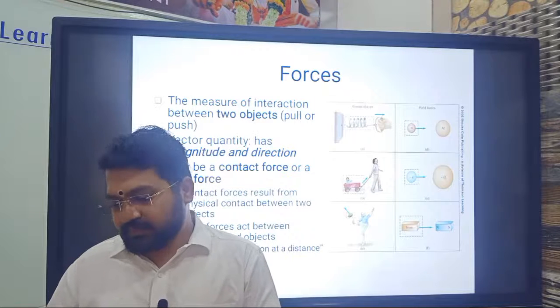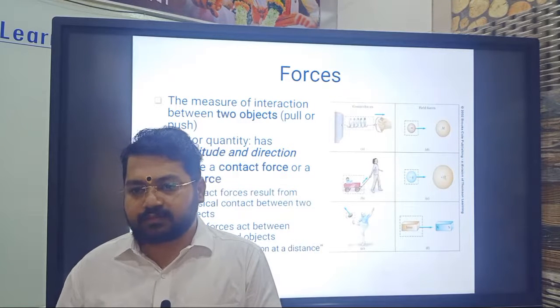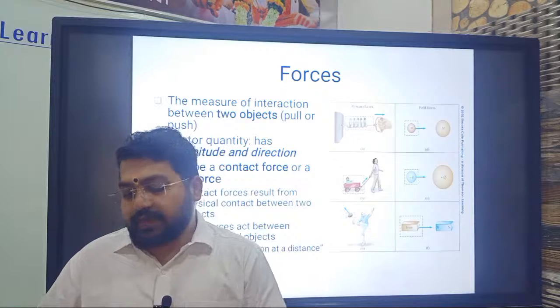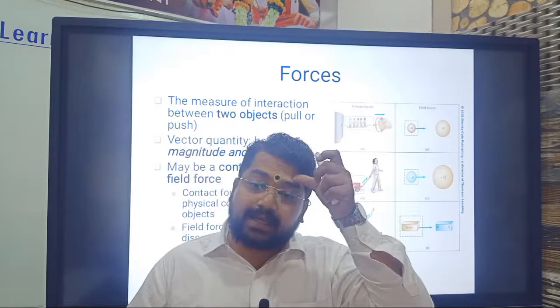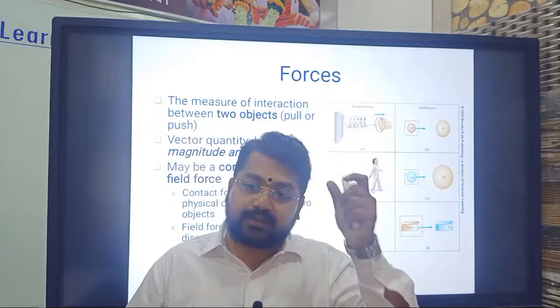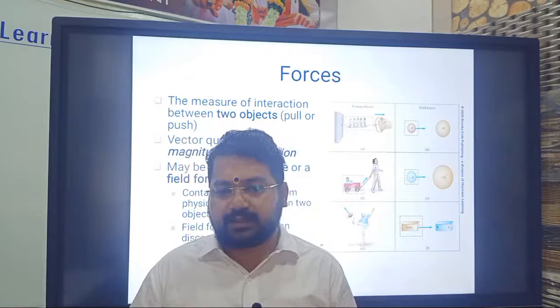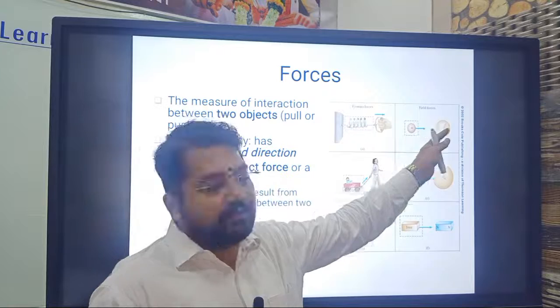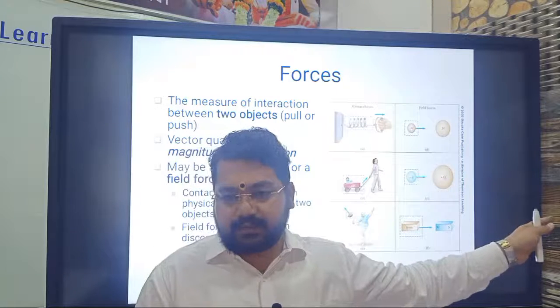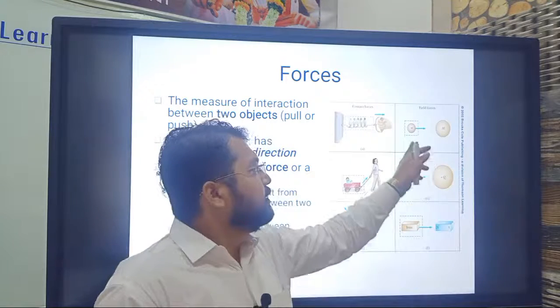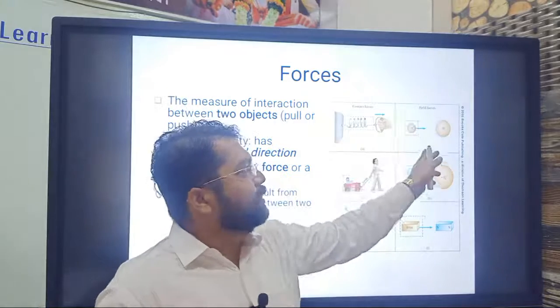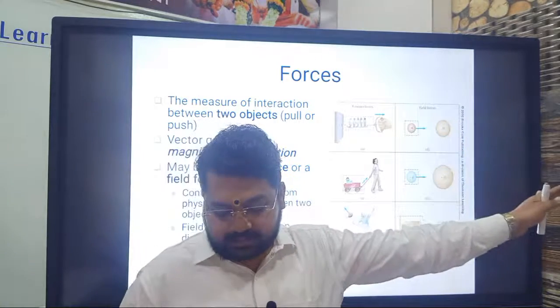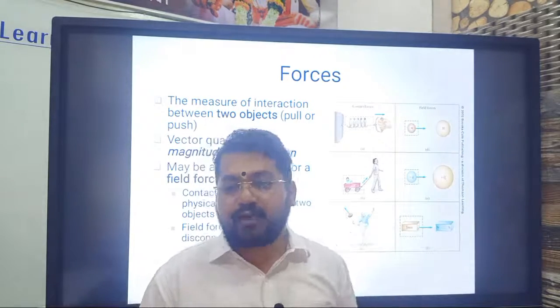In contact force, we are applying the force on the object, where we are actually connected with the object. And the second one, field forces, they might not be connected with each other, but whatever field is created over there, that will affect the next, that is called as field force.